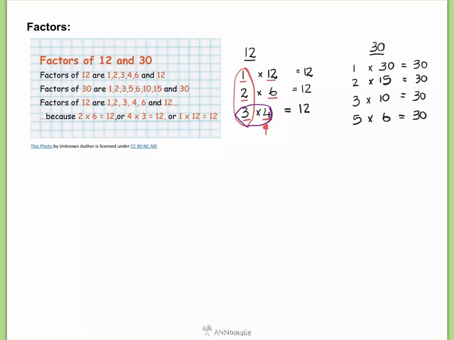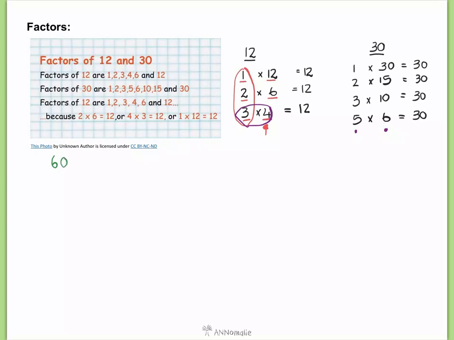The same on the right hand side with 30. I will not continue past 6, because 5 times 6 results in 30. And there are no numbers in between that I can still investigate which will be factors of 30. Let's have a look at the factors of 60.